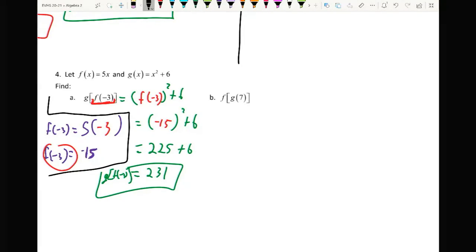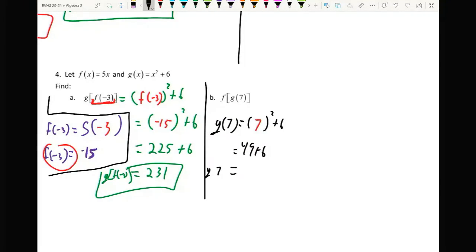Okay. Same idea here. I want to calculate g of 7. Now g is x squared plus 6. I'm going to put a 7 in there. So that's going to equal 49 plus 6. So g of 7, 49 plus 6 is 55.